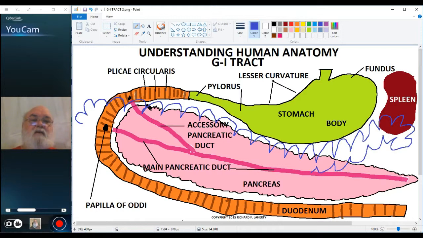You notice that the colon has little sacculations called haustra, which I'm attempting to draw in here.